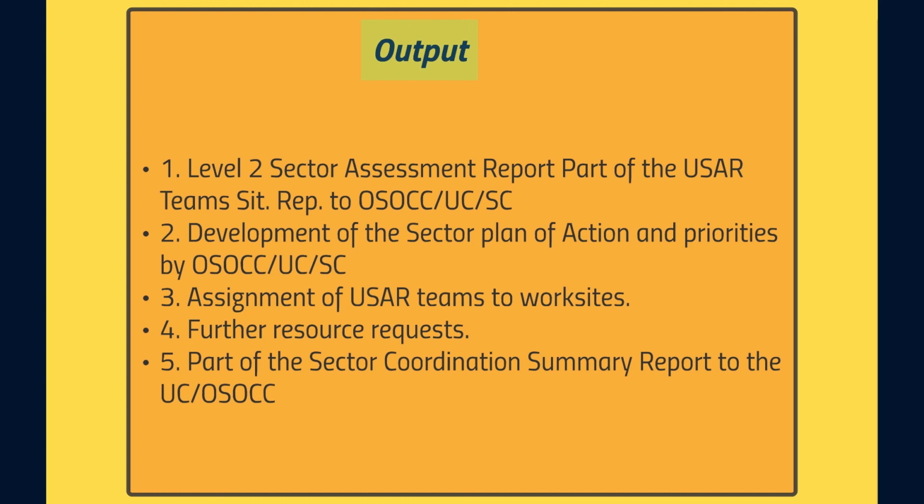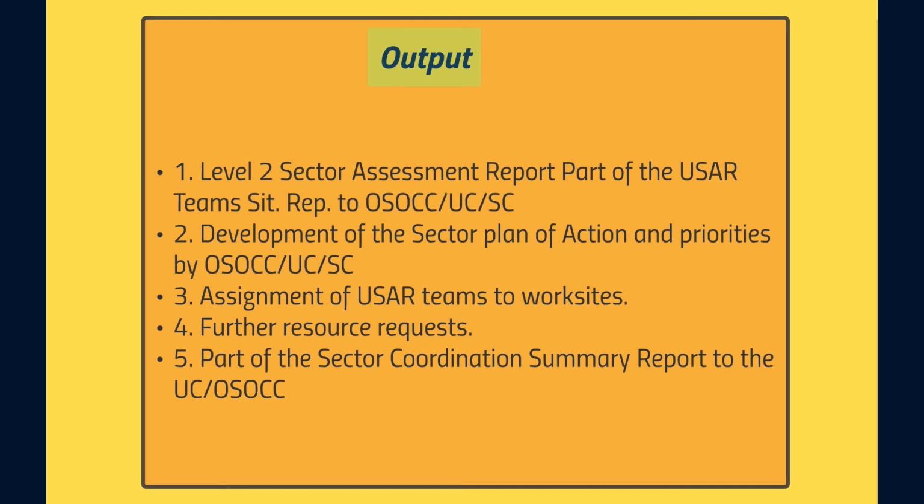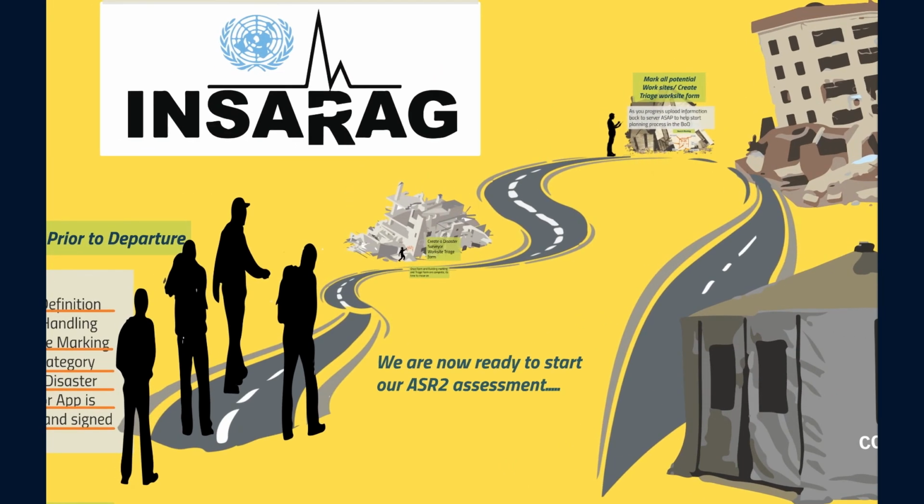You'll have further requests needed. It'll be able to give you an idea if the resources incoming will be sufficient or if additional resources will be needed. Make sure all this stuff is ready and coordinated, and make sure that summary reports are submitted to whoever's requesting it, whether it be the local emergency management agency or internationally classified teams running the USAR coordination cell.